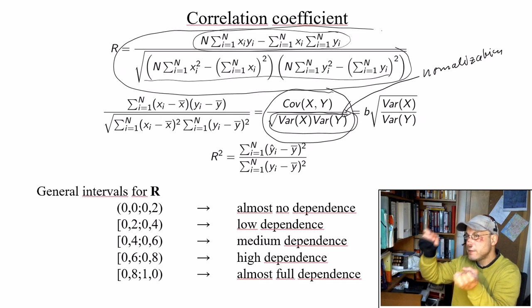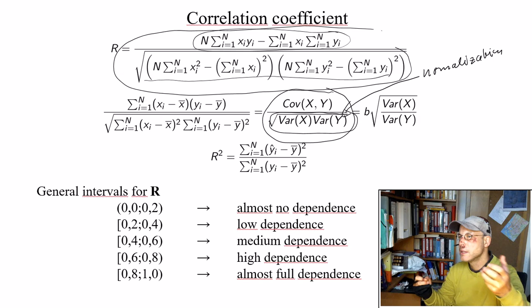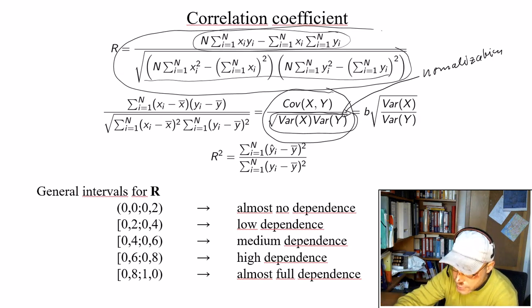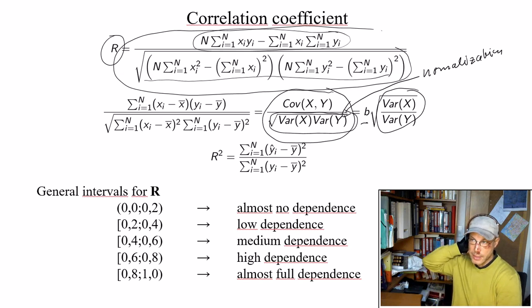Think of this regression line as being fitted in such a way that all the data points are in the best way, with respect to the squared deviation, close to this regression line. With this we can show that this correlation coefficient also equals the slope times the square root of variance x over variance y.